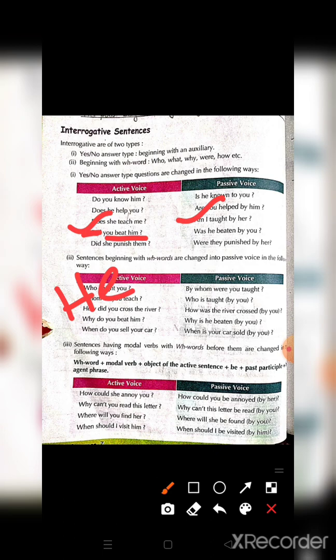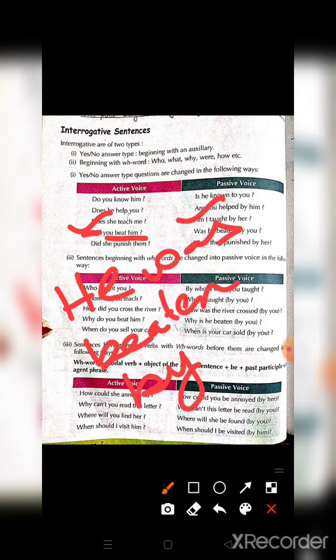It is in past tense, so he was beaten by you. So this is in an assertive sentence.